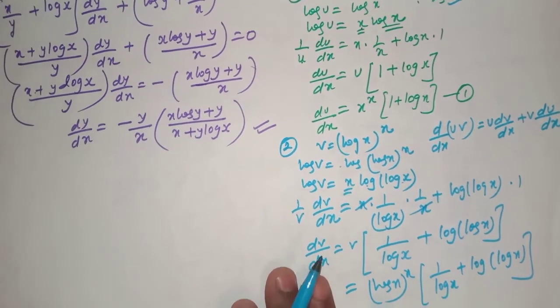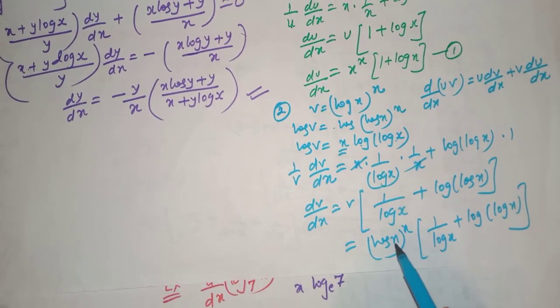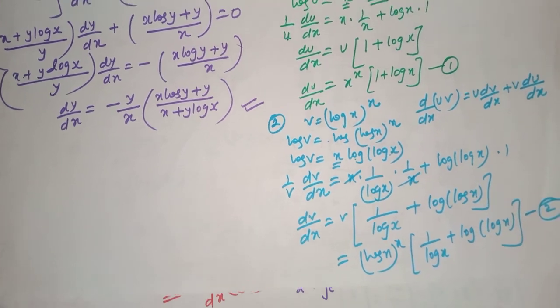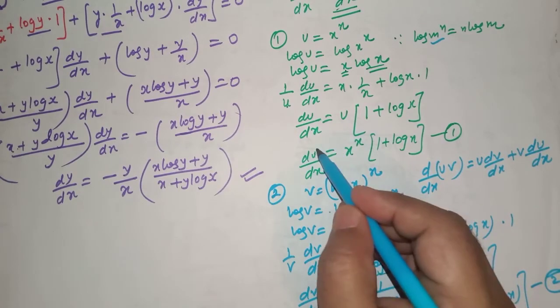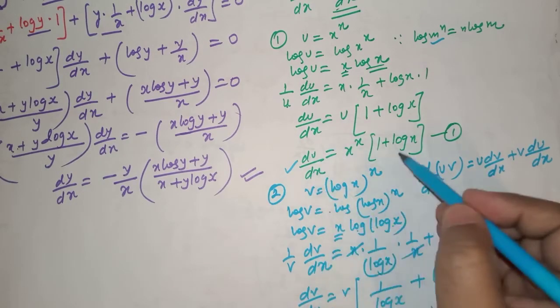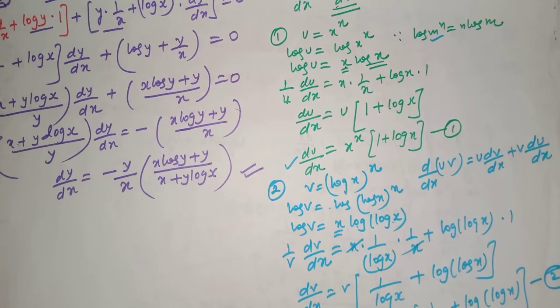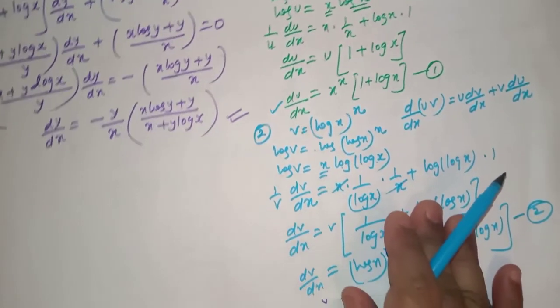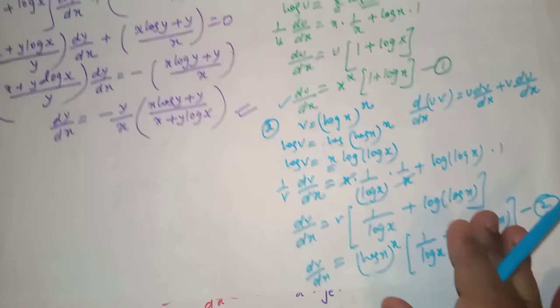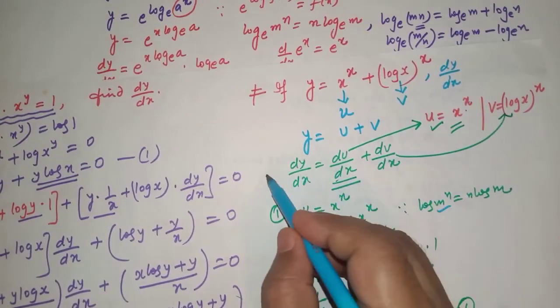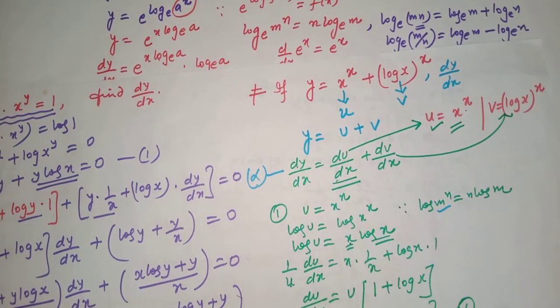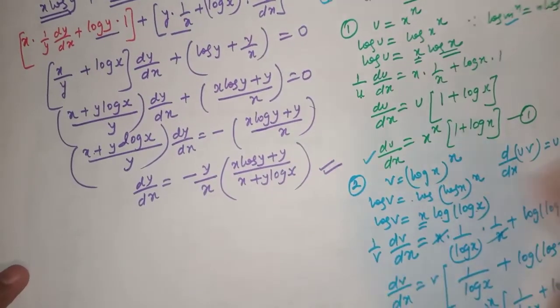Clear? So we have this expression, and this is question number 2. Now we'll substitute the value of du over dx as this value and dv over dx as this value in this equation. Say this is equation number alpha.